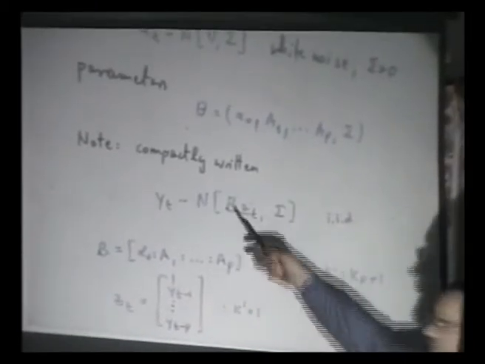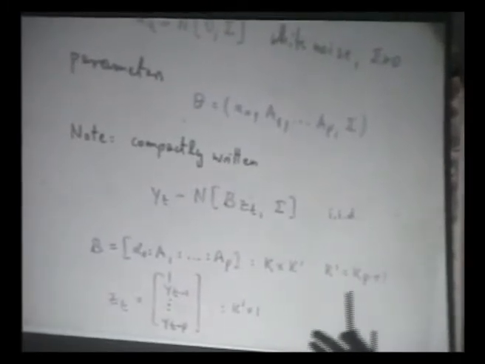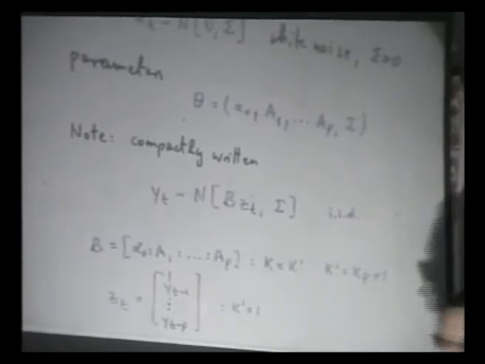The ct is the data vector and B is the coefficient matrix, as we do it for simultaneous equation systems. The ct is a vector consisting of a 1, a constant, then the lag vectors.